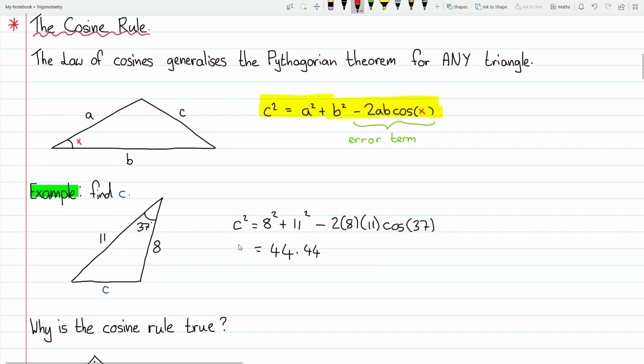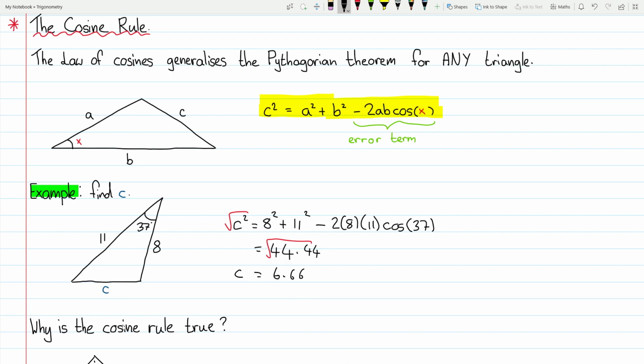And then we square root both sides to get c by itself. So if we square root our answer, we get a side length of roughly 6.66. And that's to 2 decimal places. And that's our side length here.